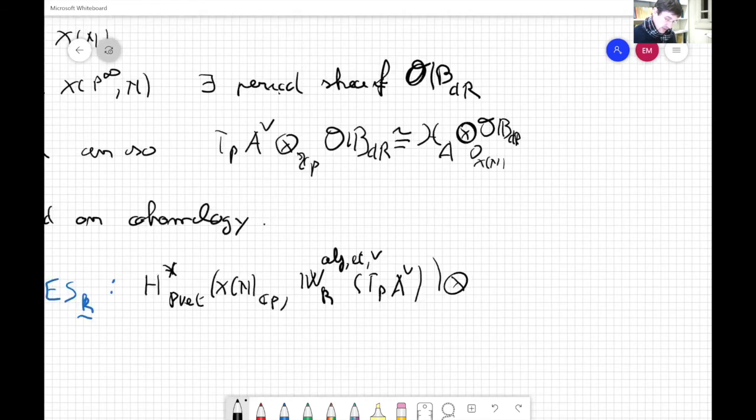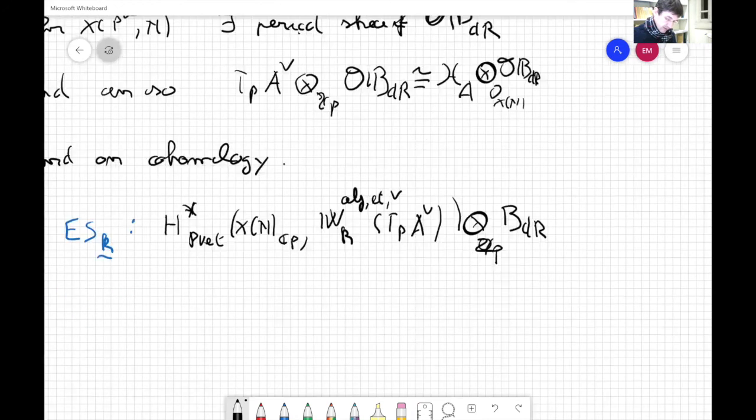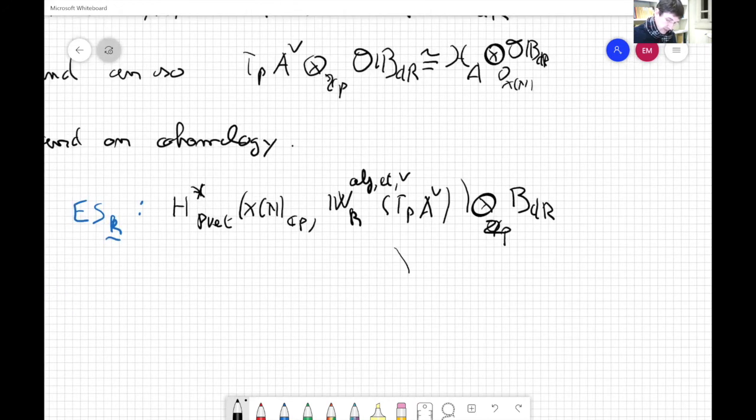If I tensor this, so this is a Qp or a Zp module, so I tensor with Zp with a classical Fontaine ring B de Rham. So sorry, I have to write this isomorphism vertically. So that gives an isomorphism with the de Rham cohomology of my Siegel variety over Qp with this de Rham coefficients.